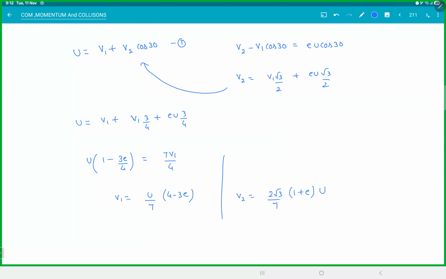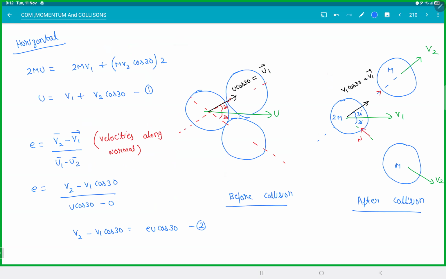Clear with this? So if you see, since e is always greater than or equal to 0, v2 can never become negative. So the striker will never go back. But anyways, got the two equations? All clear with this? This is an important one. It's a pretty standard question.